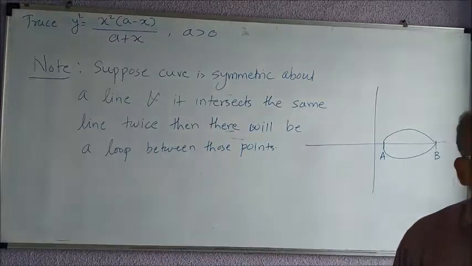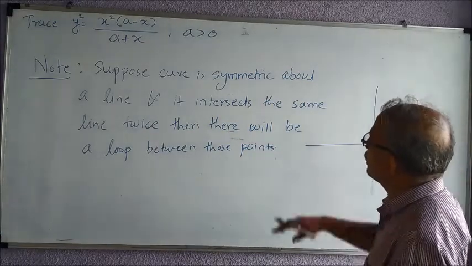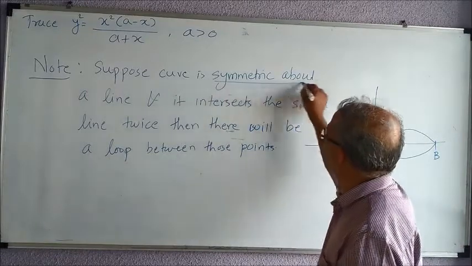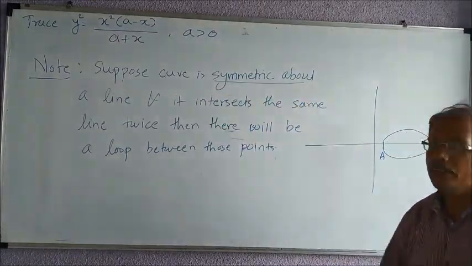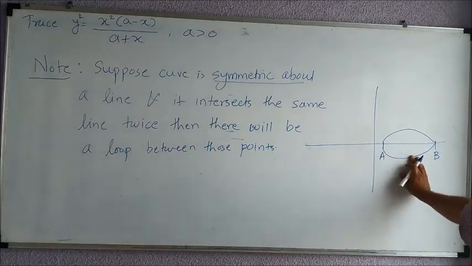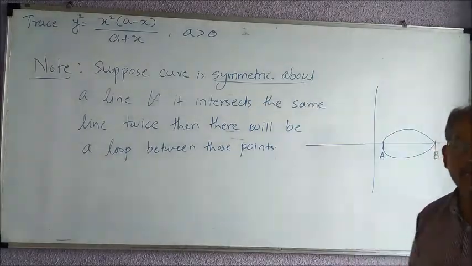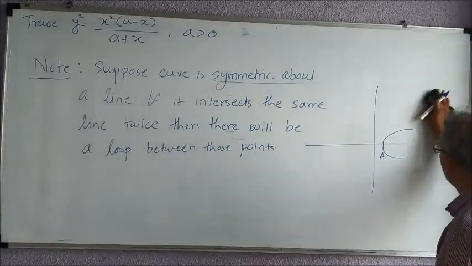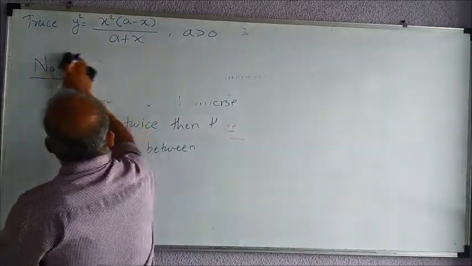So please take down this note. It says that a curve is symmetric about an axis or line and it is intersecting the same line 2 times, then there is a loop-like structure. And we are going to use this note in this particular example. Okay, fine. So let's now see what this example is.